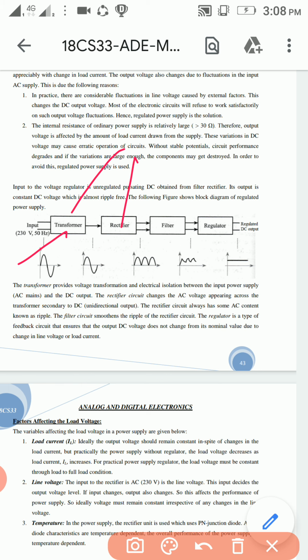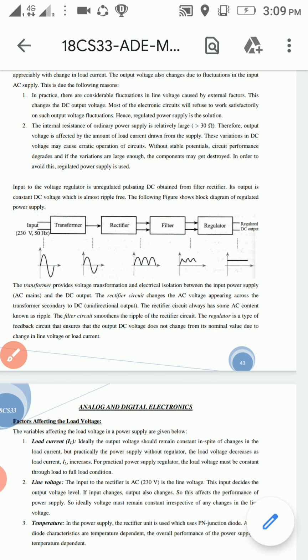So these factors also affect the load voltage. The line voltage is the input to the rectifier, AC of 230 volts. The input decides the output voltage level, so if the input changes, the output also changes. This affects the performance of the power supply. So ideally the output voltage must remain constant irrespective of any change in the line voltage.